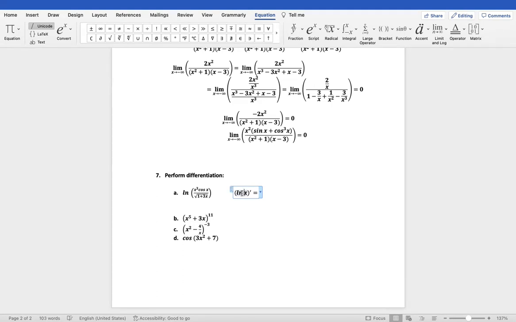Let's make it in general the derivative of a function ln of f(x). What you do is you take the derivative of the inside function, which is f of x. So you take f prime of x, divided by f of x.